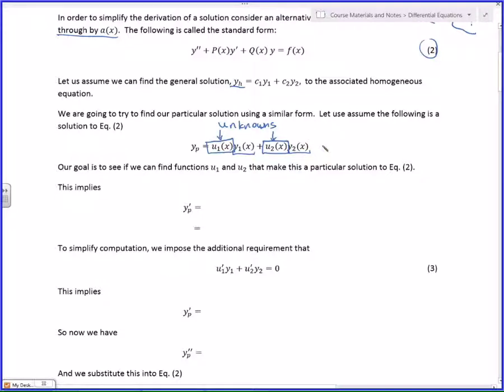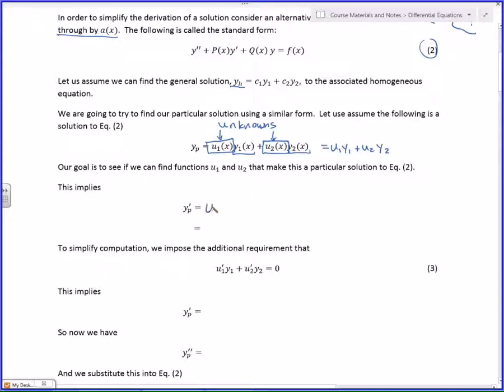So let's start simply. I'm going to rewrite this as u1 y1 plus u2 y2, just to get rid of the of x's so that it's not too messy. But I'm going to remember that all of these are functions of x. So let's say y_p is equal to u1 y1 plus u2 y2. Now take the derivative of that. Since each of these are functions of x, I got to use the product rule on each one.